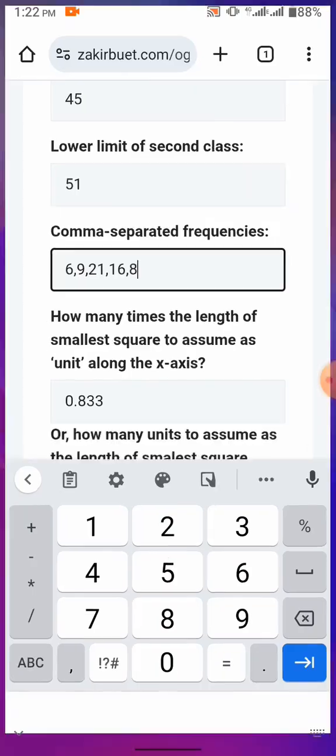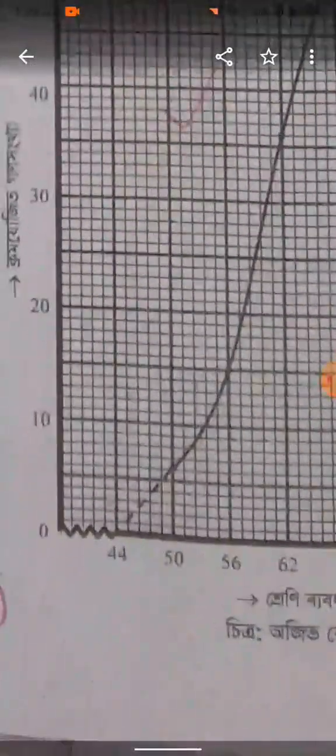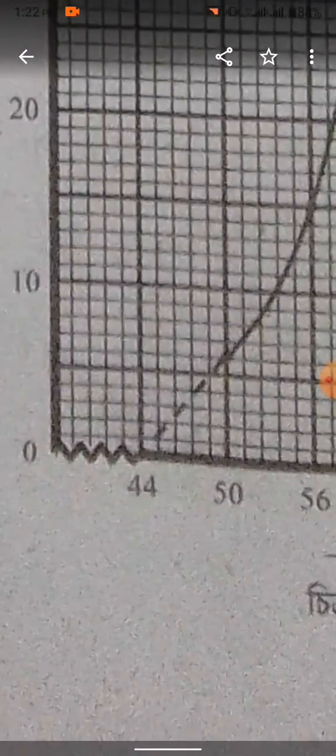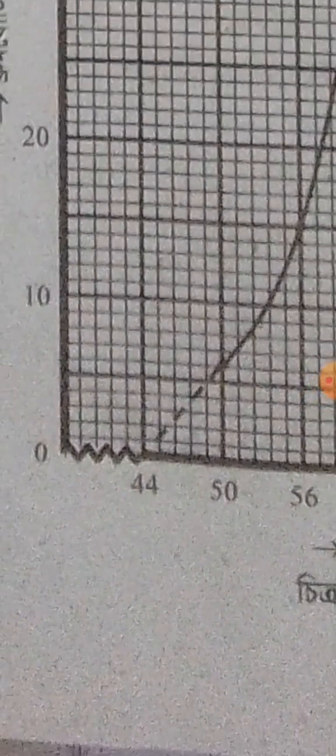Now let's observe the scalings. Along the x-axis, in the case of my app, if the class interval is not a multiple of 5, like 6 or 7, maybe 9 or 11, then whatever the class interval is, it is contained within 5 smallest squares.